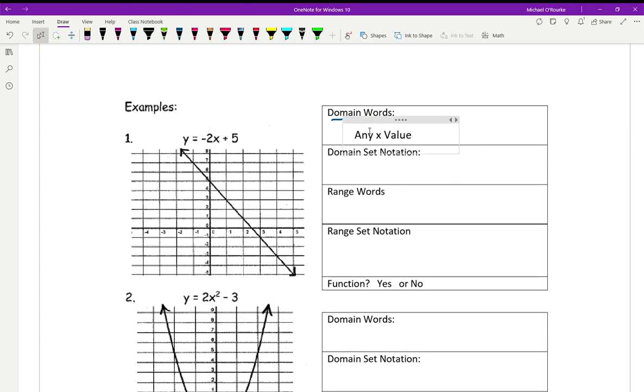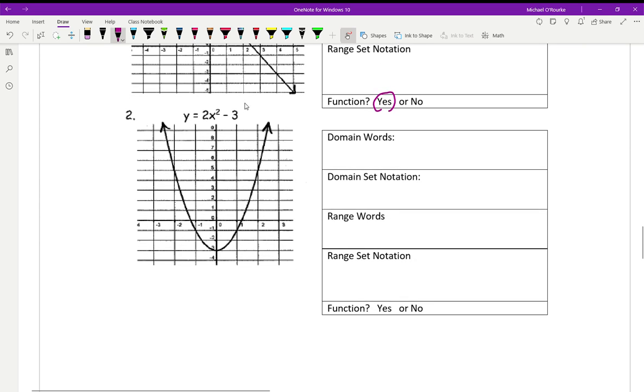And same with range. It's going to continually go up and continue to go down, so any y values is going to be my answer here. And I add in here whether it's a function or non-function. This would be a function, because if you do the vertical line test, it only crosses once.